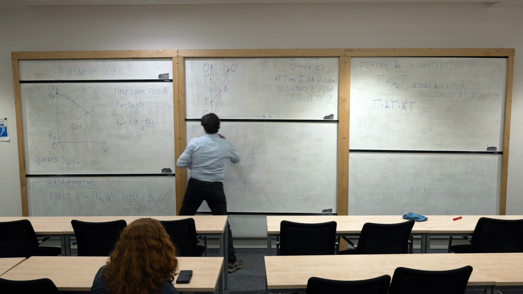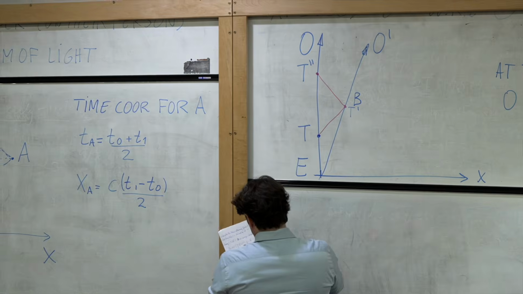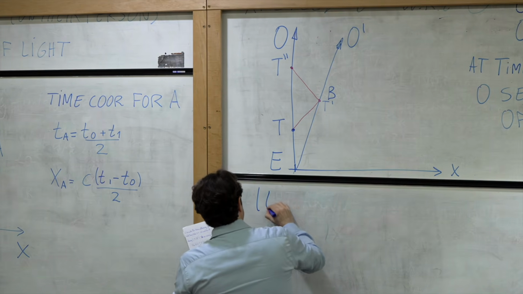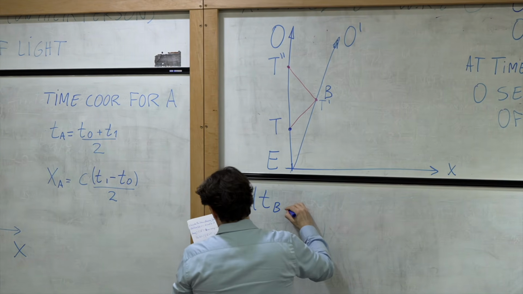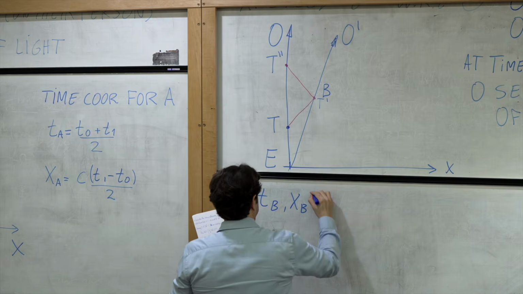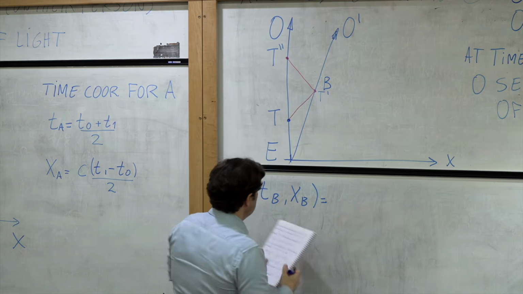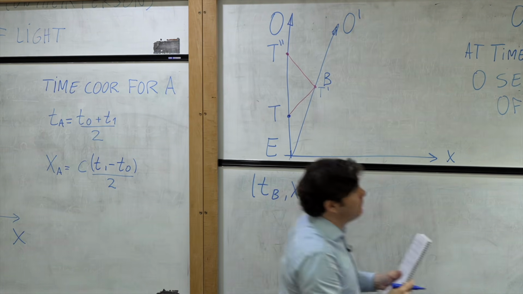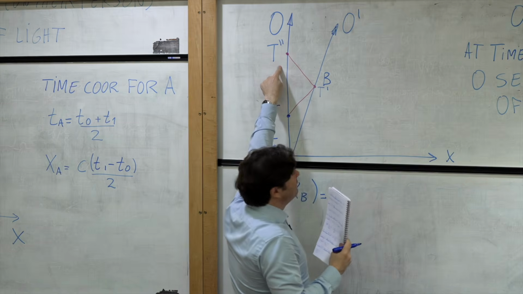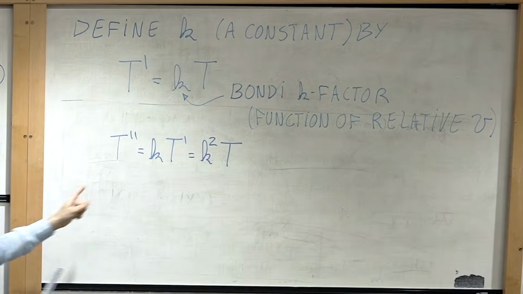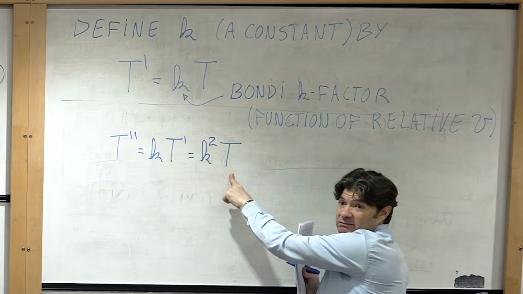So, TB and XB. TB is just the average of T and T prime prime, but T prime prime is K squared T, right?